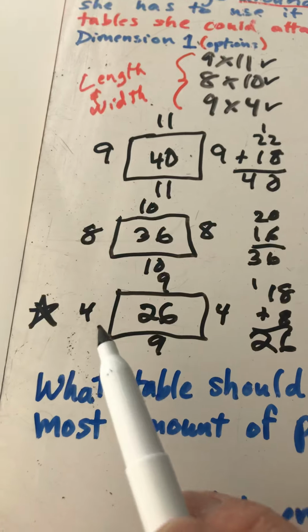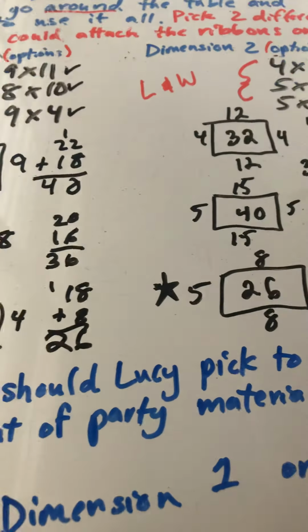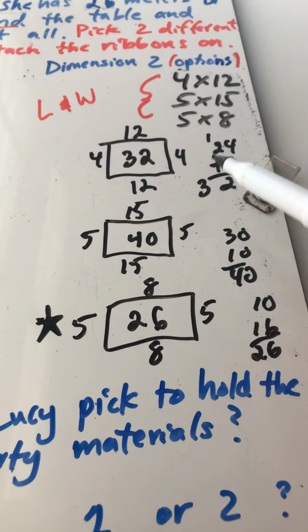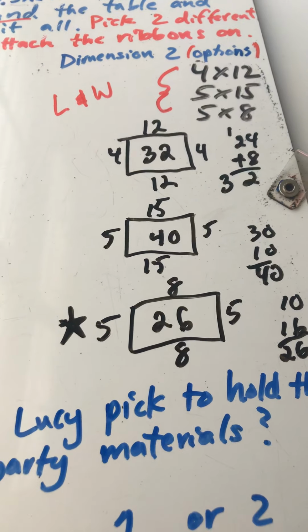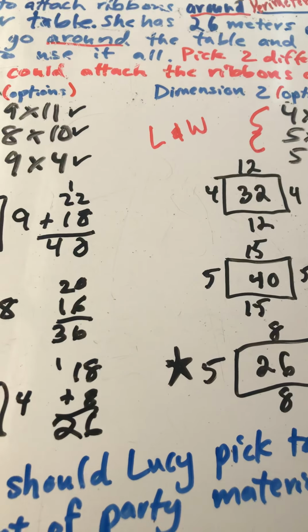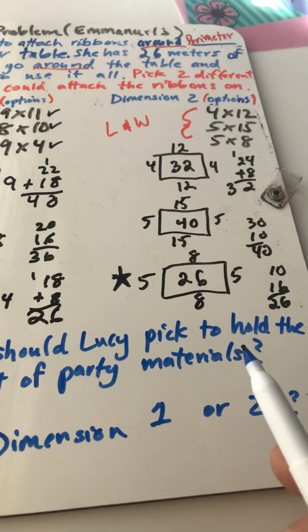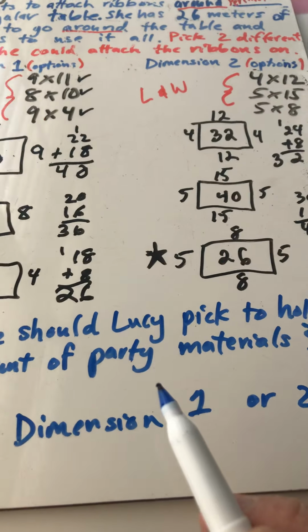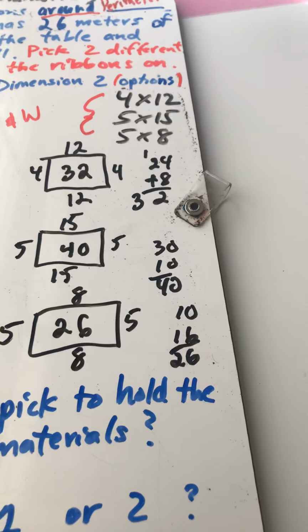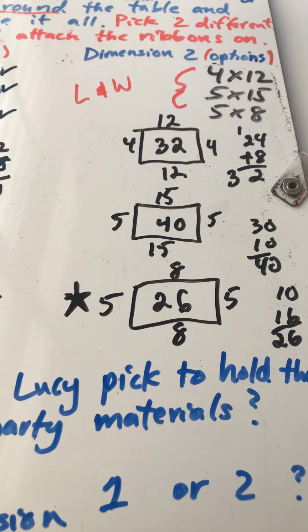So now we know this one works for this table, and this one works for this table. But there was a second part to this question. It said, what table should Lucy pick to hold the most amount of party materials? There's another clue word in here.